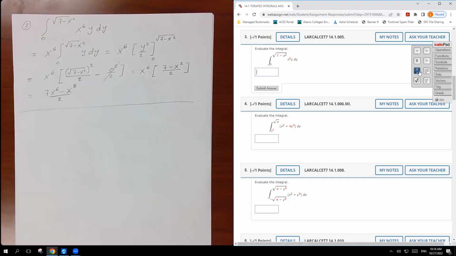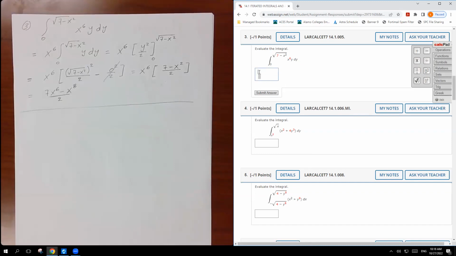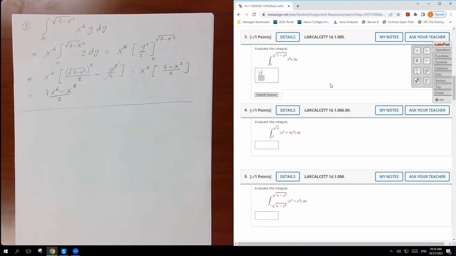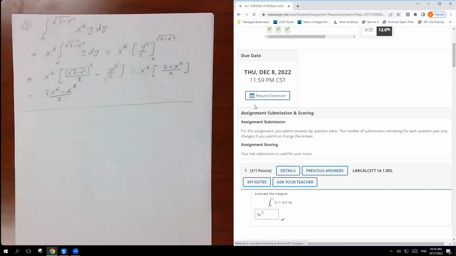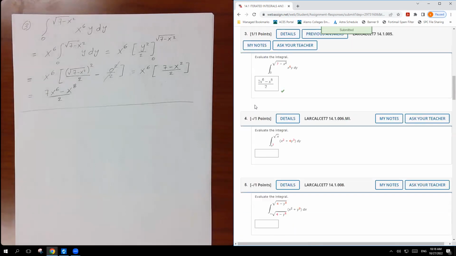On the top, 7 x to the power 6 minus x to the power 8, over 2. There we go. We got it right.